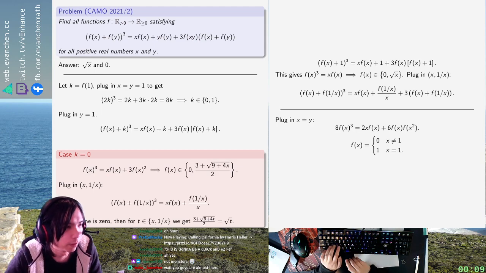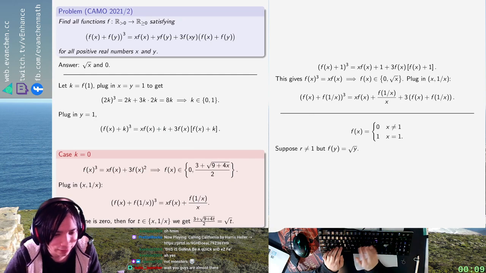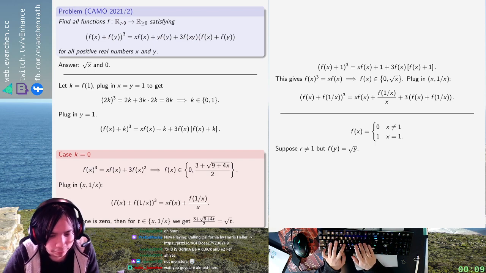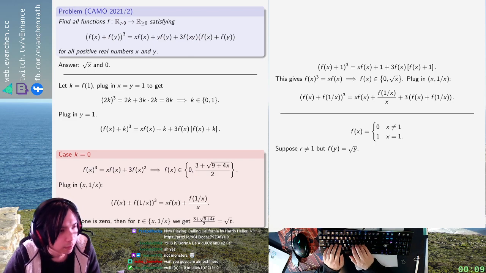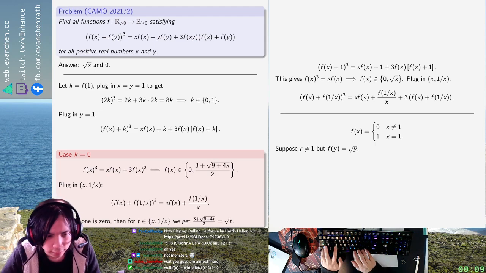Then we can plug that in and pray that this will tell us square root y cubed is x of x plus y to the 3 halves, and then f of xy plus 3 f of x plus root y, right?